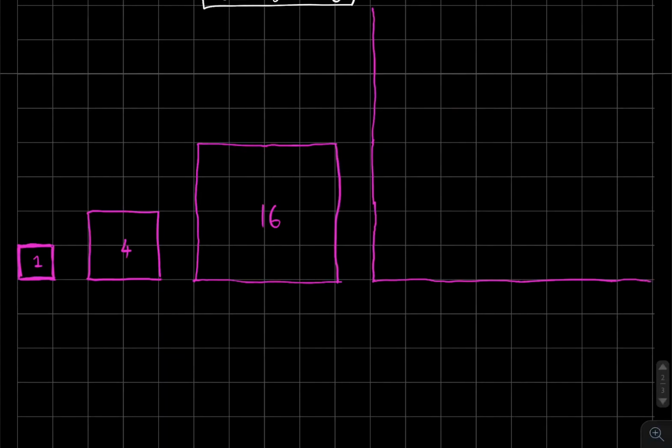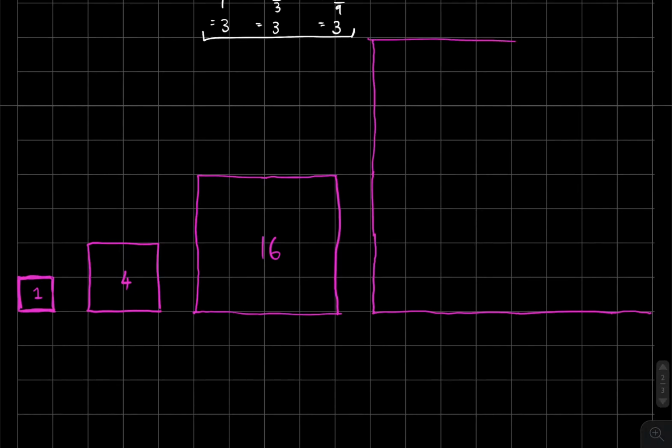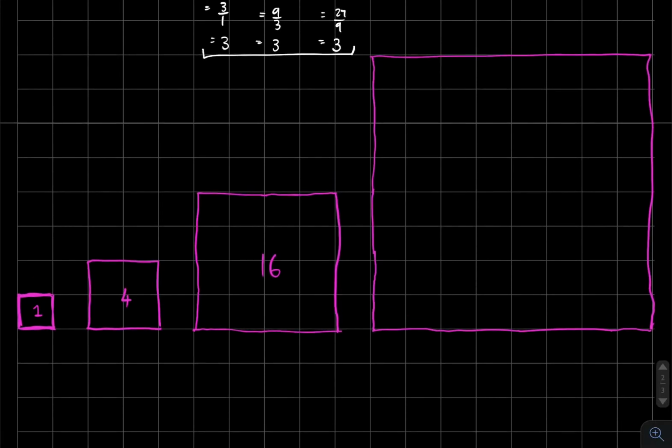We need to extend that a little bit. I'm not much of an artist, as you can see. So the area of this square would be 32. So we see that in order to get the next area, we just multiply the previous one by 4, multiplying by 4, multiplying by 4.